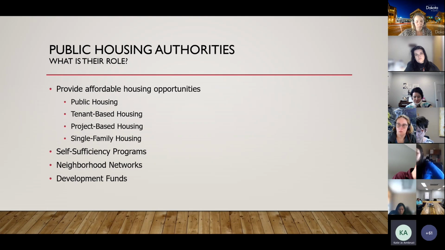I should have a disclaimer here that not all housing options are available at every housing authority. Additionally, each housing authority has the ability to create policies and procedures that meet their community needs, so long as they follow federal HUD guidelines. So some housing authorities might have different eligibility criteria.